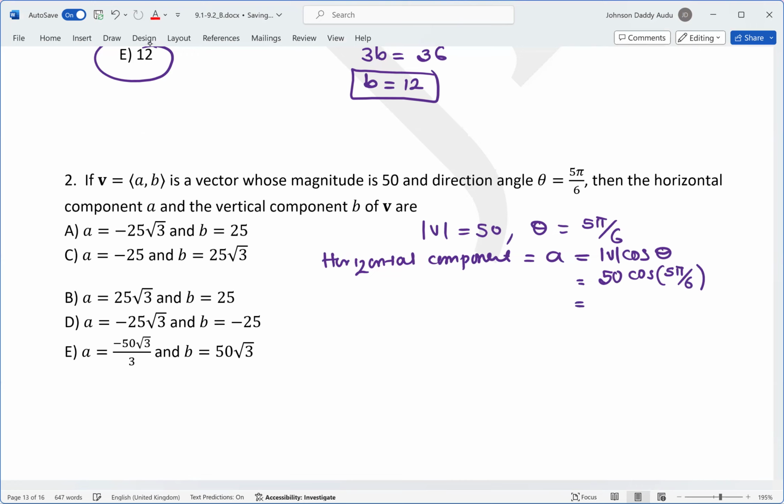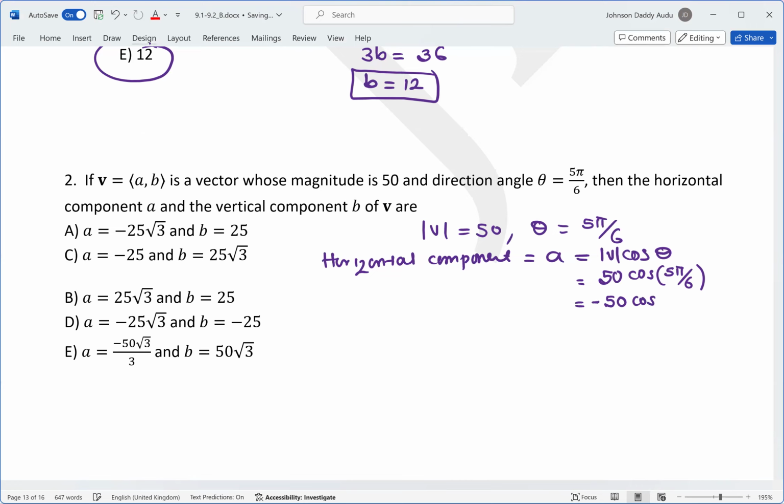And what is the cosine of 5 pi over 6? 5 pi over 6 is in which quadrant? It's in the second quadrant, so this is going to be minus.